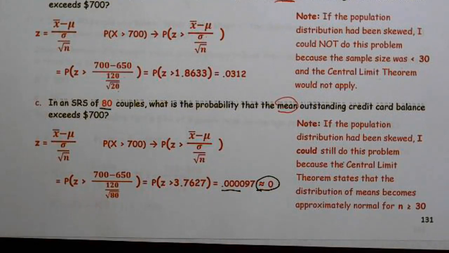The central limit theorem basically says, once again, if the underlying population is not normal, then it approximates the normal if we're talking about the means and our sample size is 30 or larger. If the underlying population is already normal, we can use the distribution of means always.